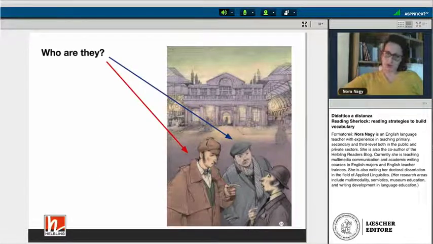First of all, to become familiar with Sherlock Holmes, can you please type in the chat box the name of the guy with the red arrow? So the red arrow is pointing at who? Yes, we have the first answer.